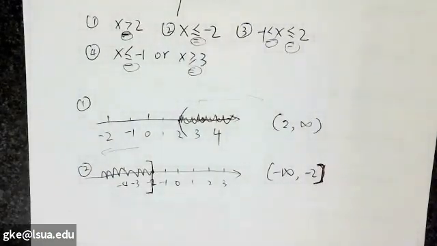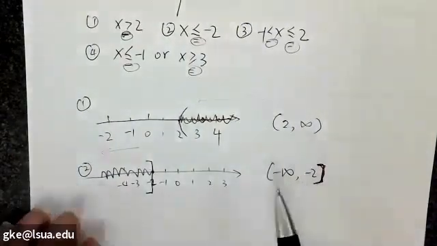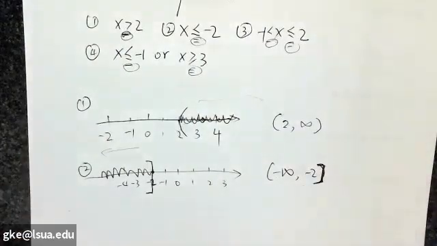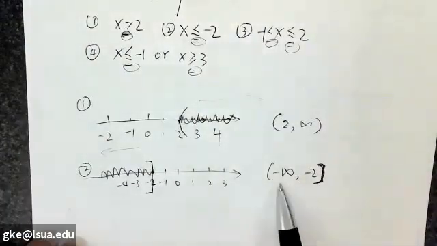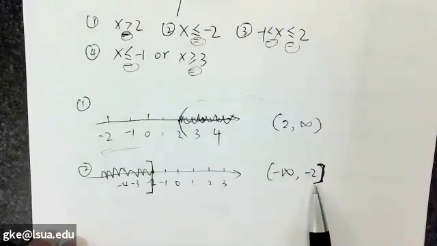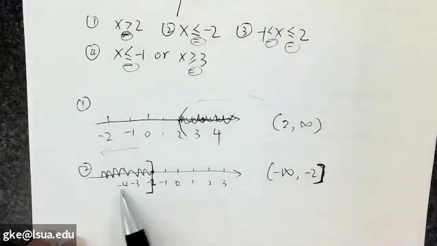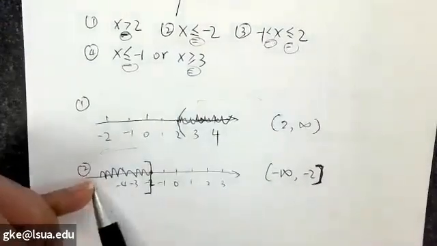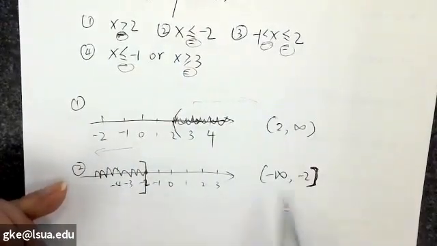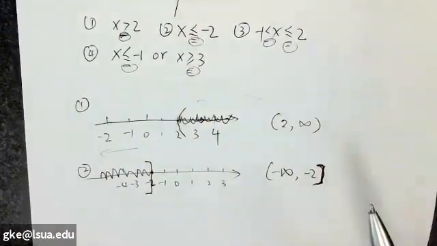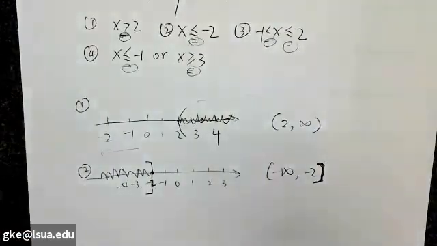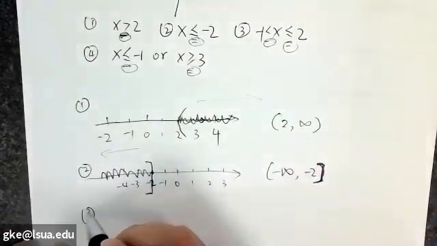Do you understand? From the smaller number to the larger number. So here, from the left side, it is negative infinity to -2.